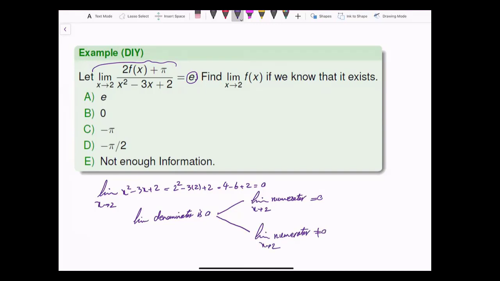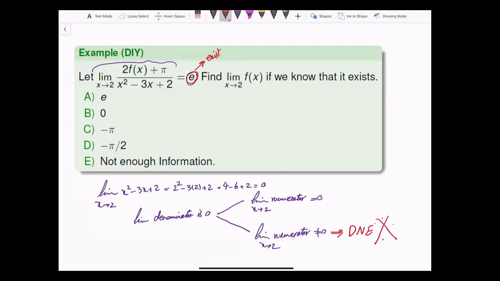I am claiming that the limit of the numerator is also 0. Why? If the limit of the numerator is non-zero, then the limit does not exist. But we know that the limit exists and it is equal to a number, E. So that means this case cannot happen.